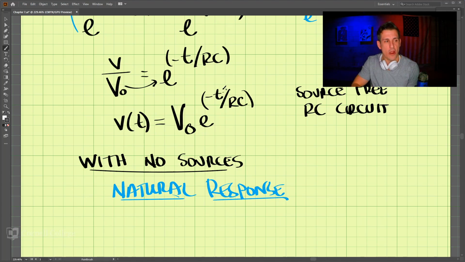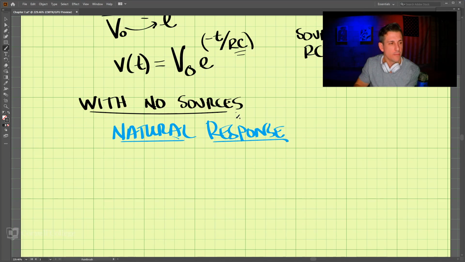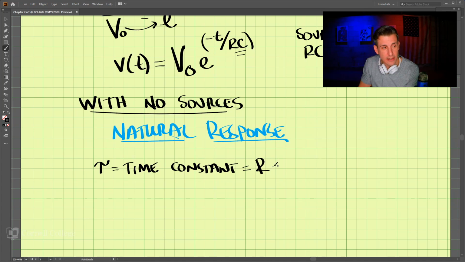With this equation, this term RC, R times C, sometimes we call the time constant, and we label it tau. Tau is equal to the time constant, which is equal here to RC.